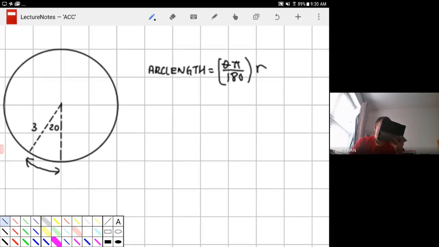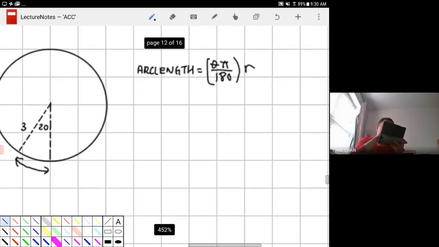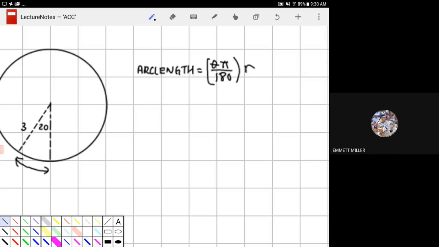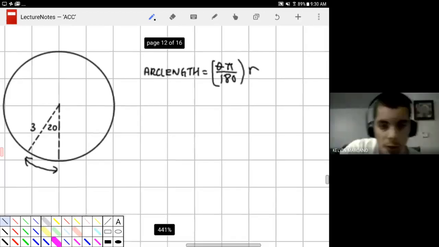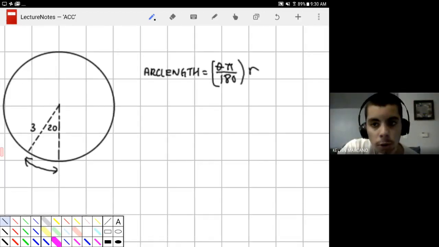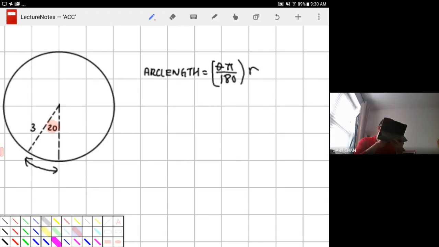Kelvin, can you tell us what theta is in this case for this problem? 20. That's right, it is 20. So we're going to substitute in what theta is to find the arc length. So this is 20 pi over 180.